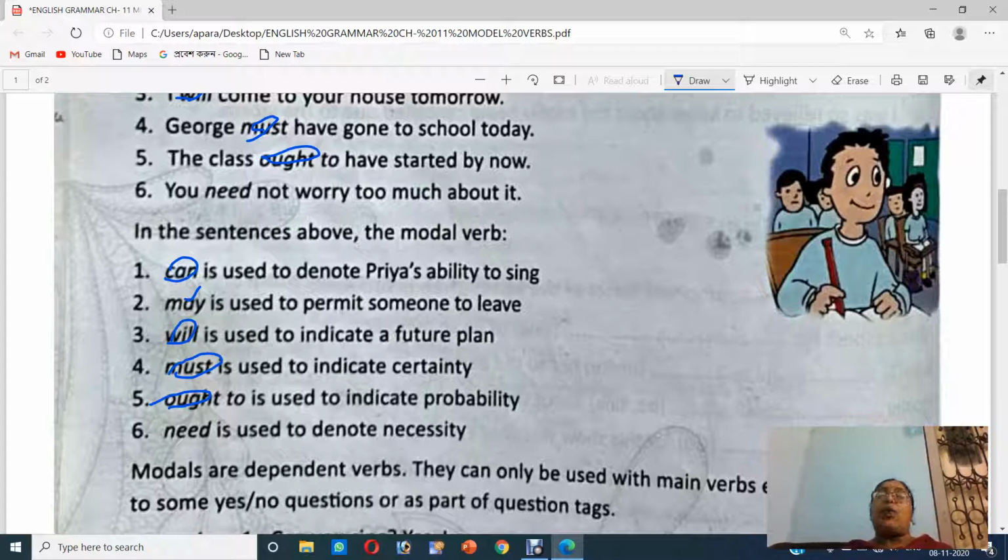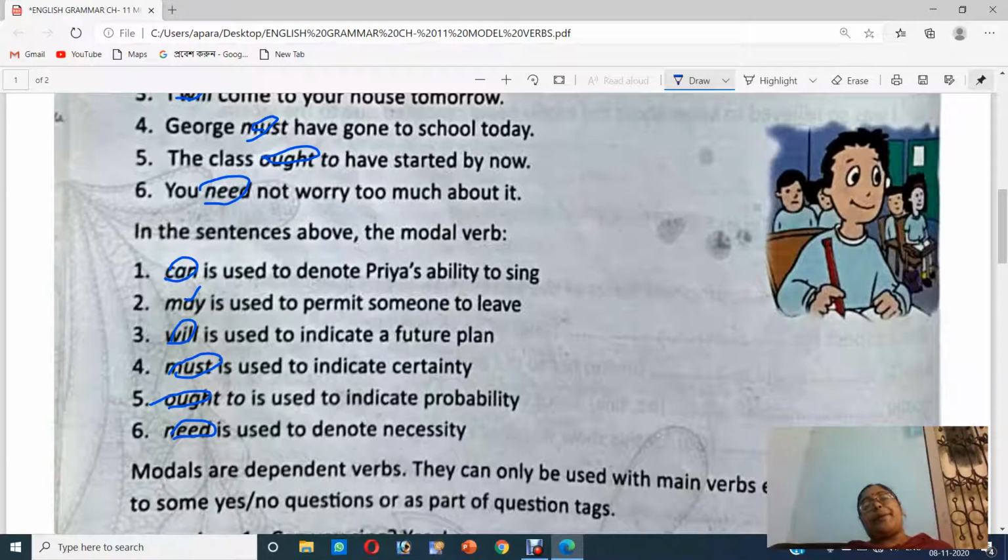You need not worry too much about it. Now what is this modal verb need used for? It shows us necessity. What is very necessary now? That you need not worry. Need is used to denote necessity. It shows what is very much necessary for the person who is being written about here.